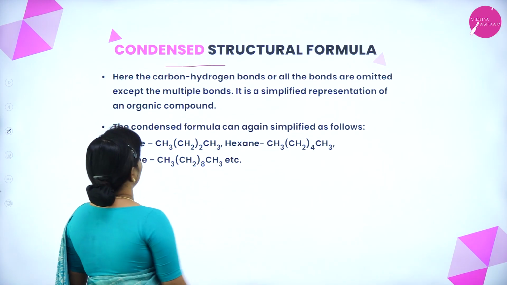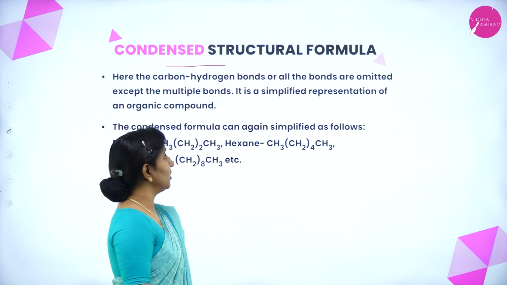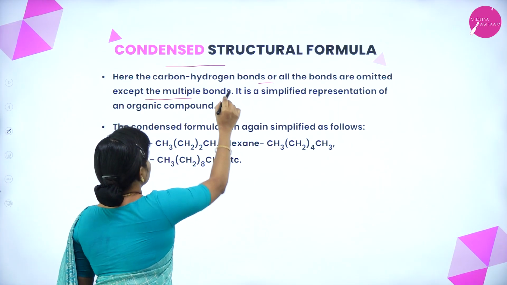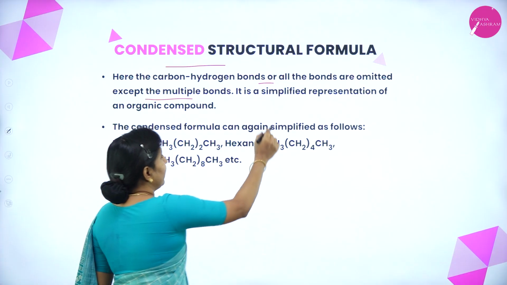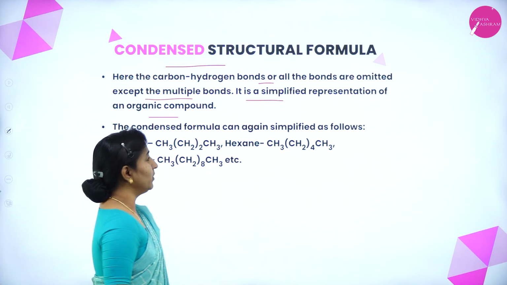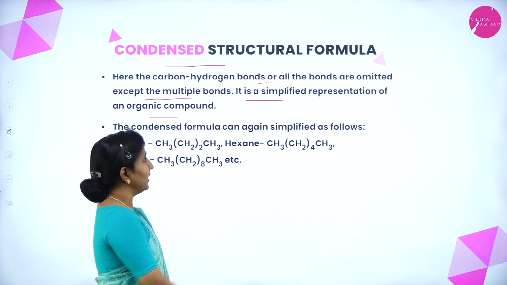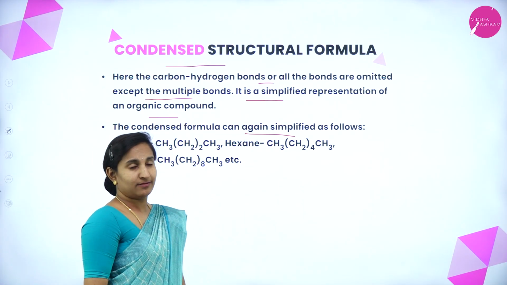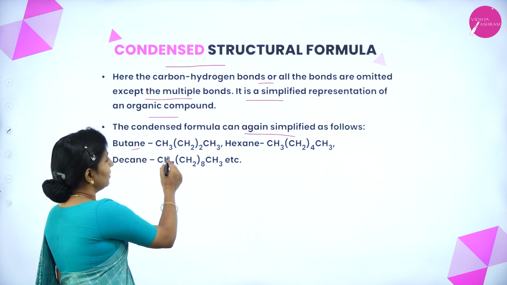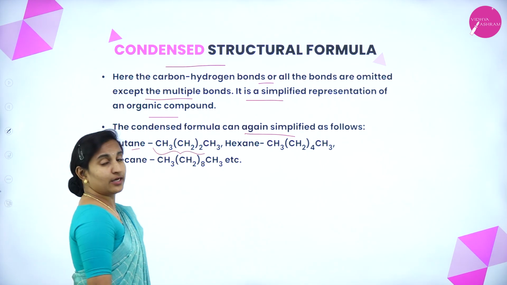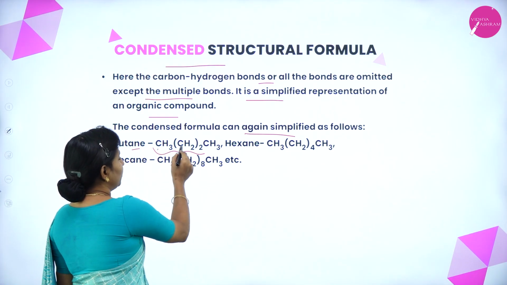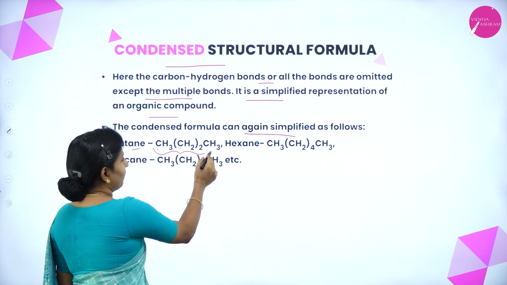Condensed structural formula. Here the carbon-hydrogen bonds are omitted, except the multiple bonds. It is a simplified representation of an organic compound. The condensed formula can be simplified further as follows. Butane. Here 4 carbon atoms are present, so we call it butane. 1, 2, 3, 4.